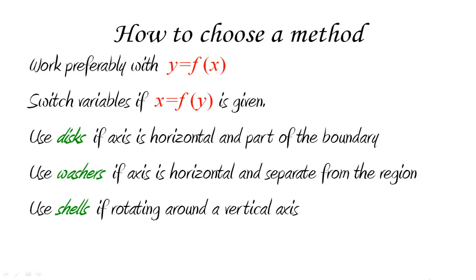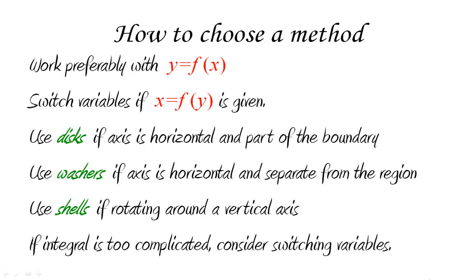Now, sometimes when you do this, it turns out that the integrals end up being very complicated and difficult to unravel. In that situation, it may be useful, just saying may be useful, to switch the variable. So what I said earlier, switch if you're given x equal to a function of y. Sometimes it may be useful to switch x and y when you start with y equals a function of x and you end up with a mess.